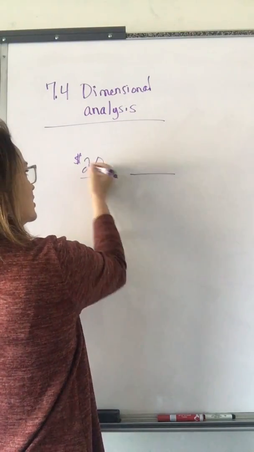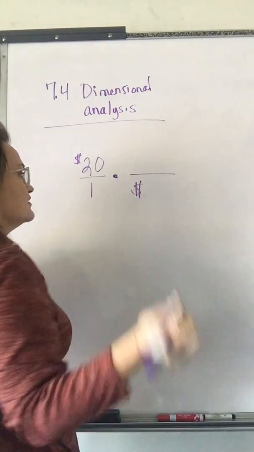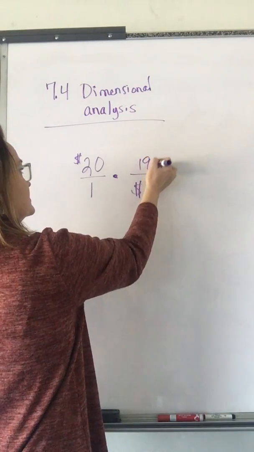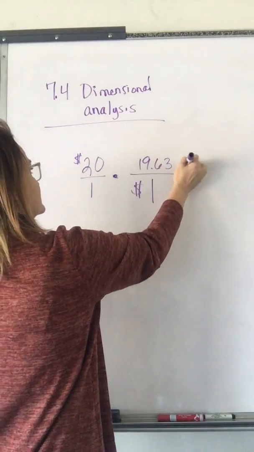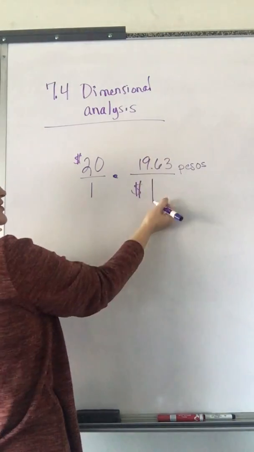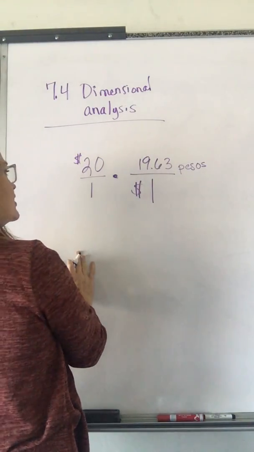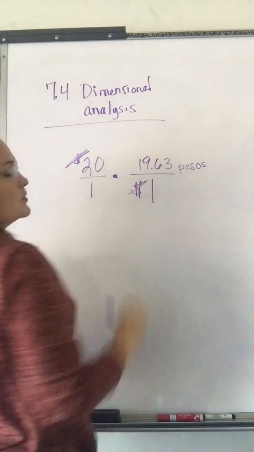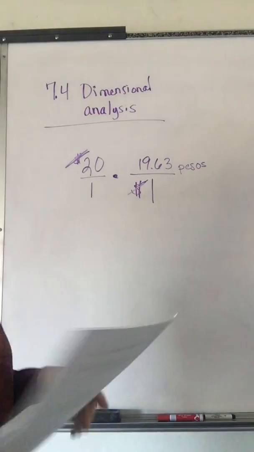And then I know I want dollars to be on the diagonal. And the conversion factor I have listed here is that 1 US dollar is 19.63 in pesos. So this is a statement of truth that's given. We've looked that up or whatever, and then that makes the dollars cancel, and then we multiply 20 times 19.63.